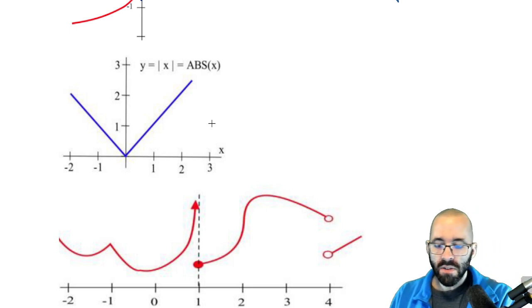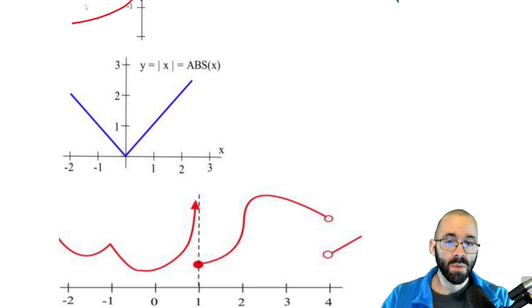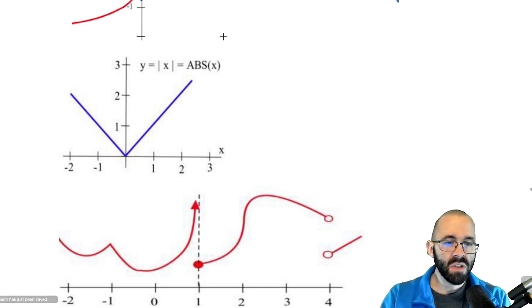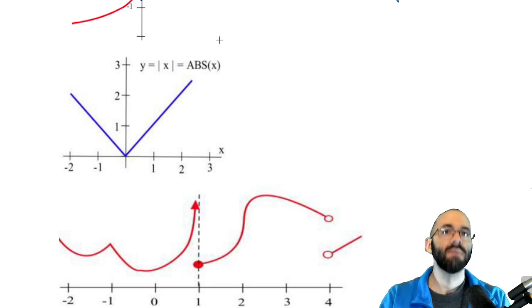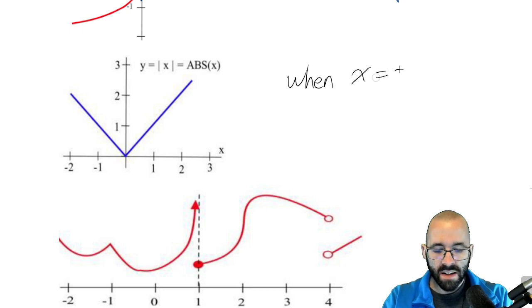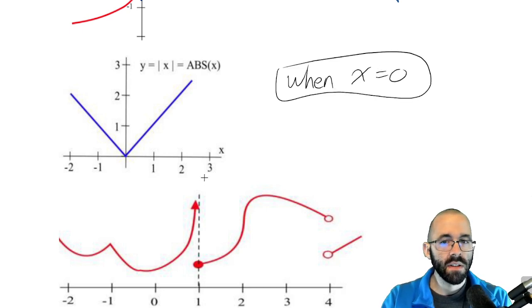Where is the absolute value function not differentiable? Any place with a vertical tangent line? No. Any sharp corners or cusps? Yep. Right here. It is not differentiable when x is 0.